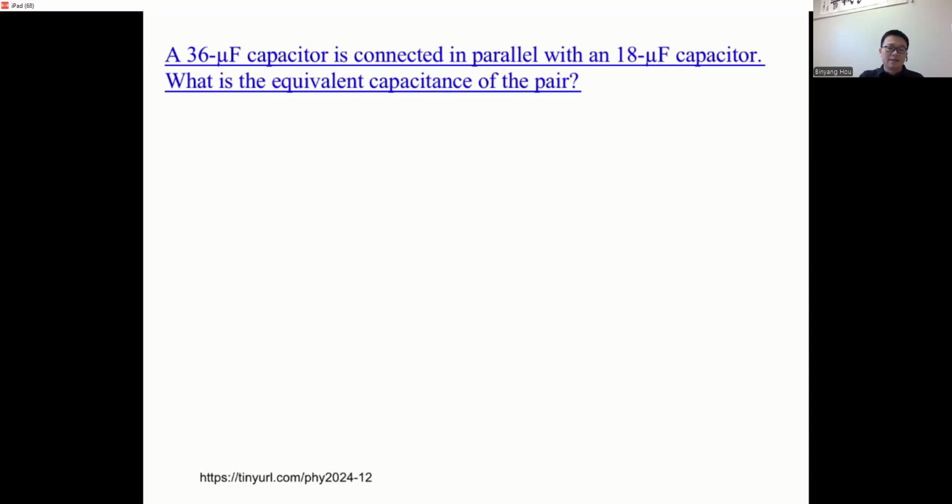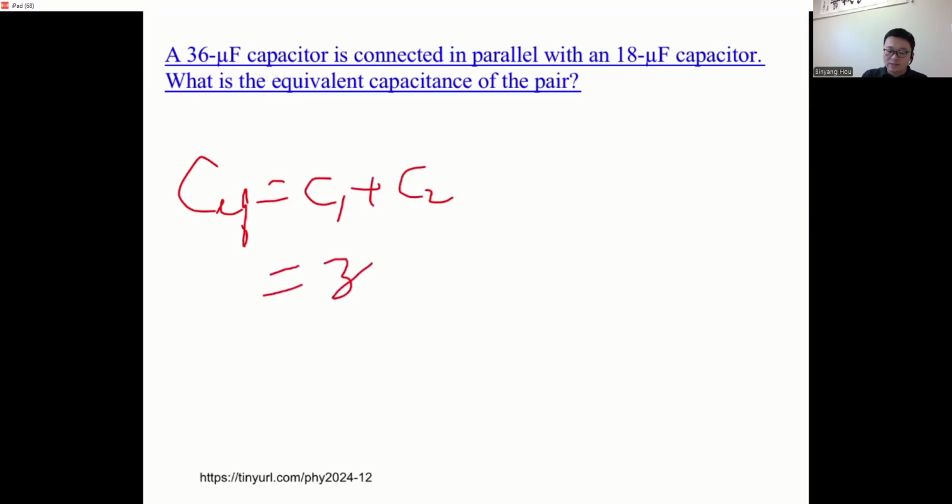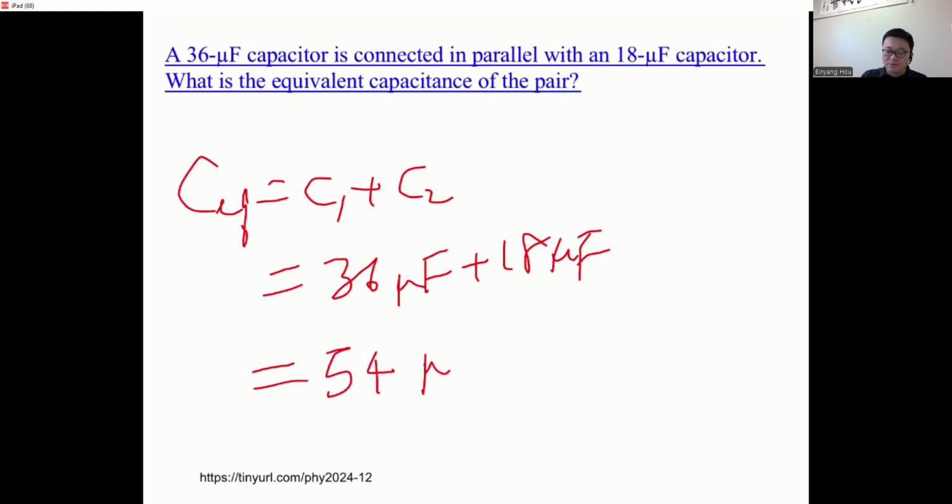So in this case, we'll just say CEQ should be just equal to C1 plus C2, which is then 36 microfarad plus 18 microfarad, and simply that will give you 54 microfarad. Okay, so that will be that one. Okay, so this is an easy example.